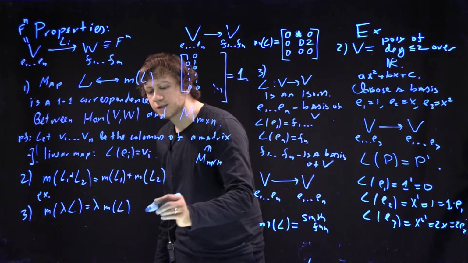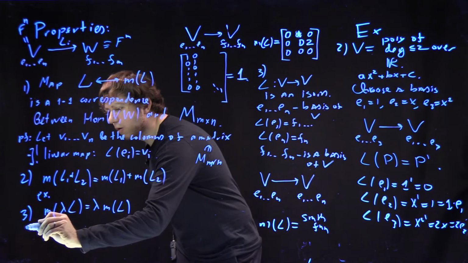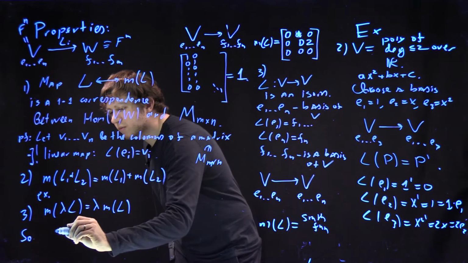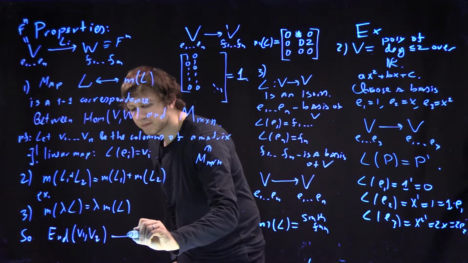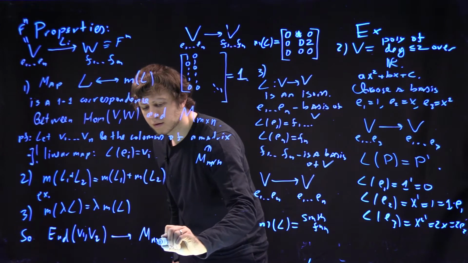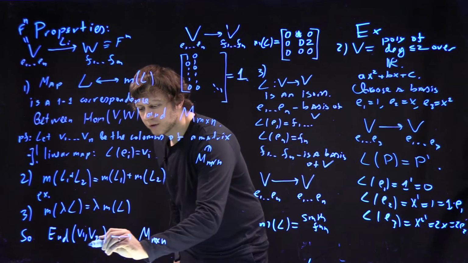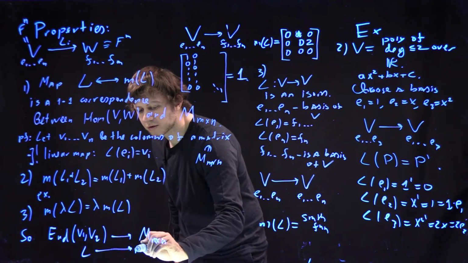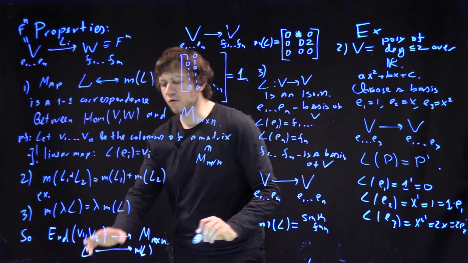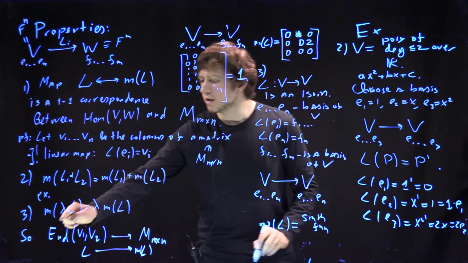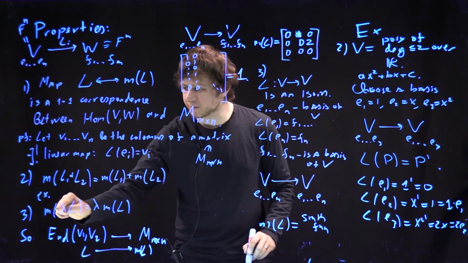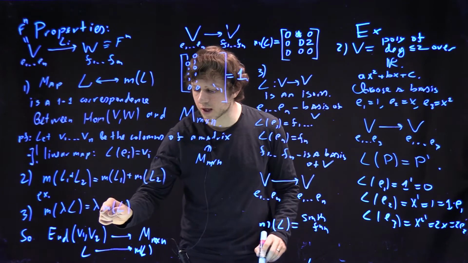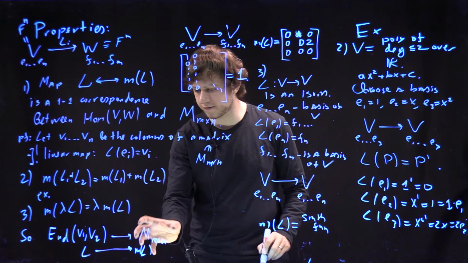And so this means that this correspondence, this map from Hom of V1 to V2 to matrices m by n, which takes a map and sends it to the matrix of L, is now a map of vector spaces, because these are the vector spaces we discussed in the beginning. Sum goes to sum, multiplication by a number goes to multiplication by the number. That's also a matrix, a vector space.